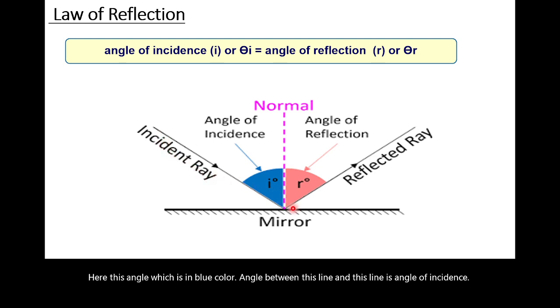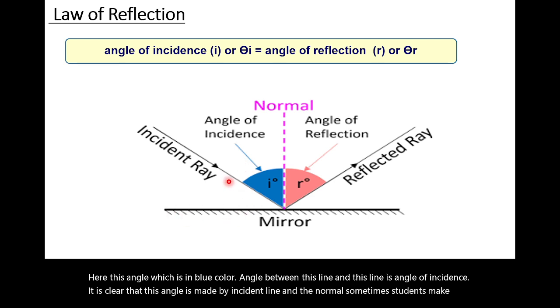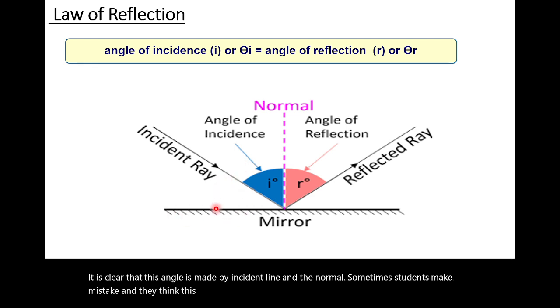It is clear that this angle is made by the incident line and the normal. Sometimes students make a mistake and think this angle is the angle of incidence, which is wrong.